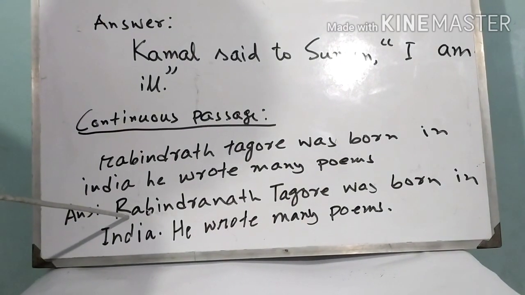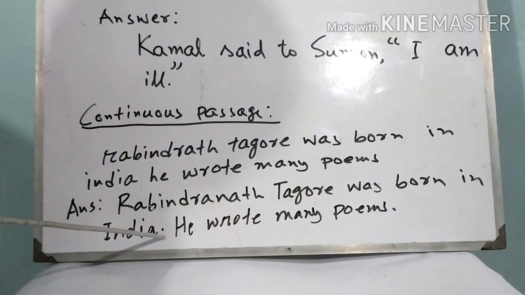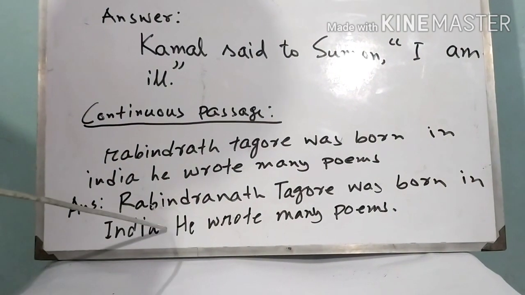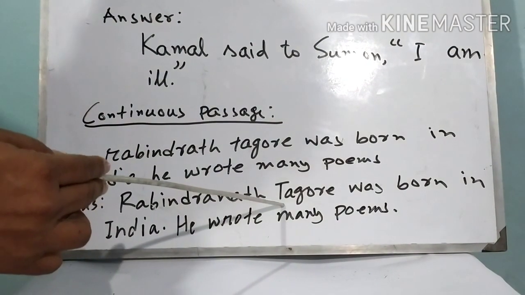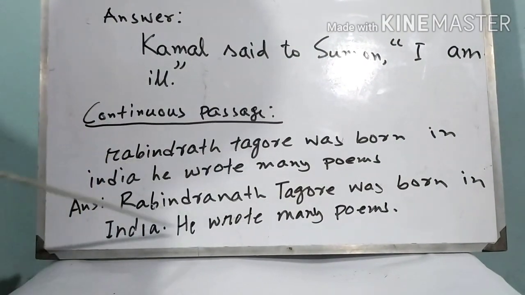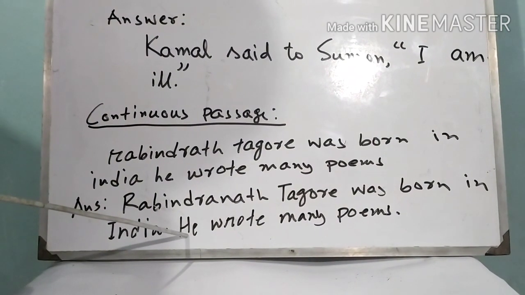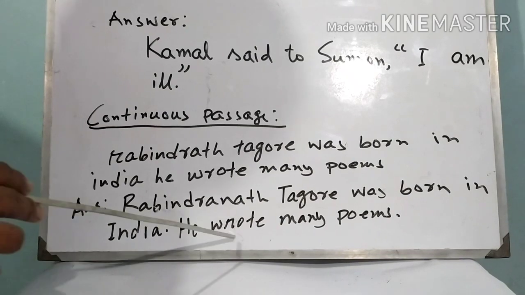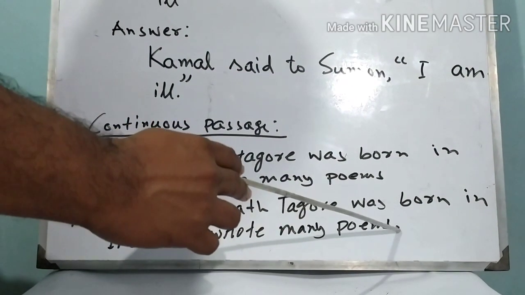Firstly, we write Rabindranath Tagore was born in India, then full stop, because the sentence is finished. Here R will be capital, Tagore T will be capital, India I will be capital, and after full stop, He, H will be capital. He wrote many poems, then the sentence is finished, so we have to use full stop.